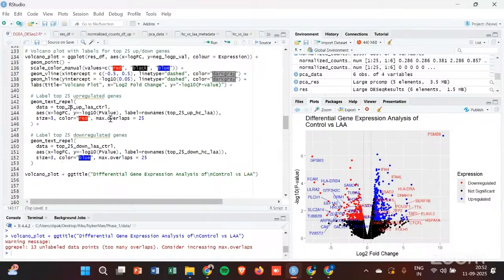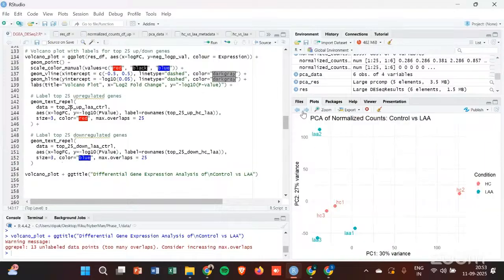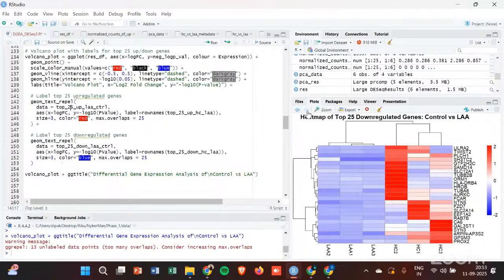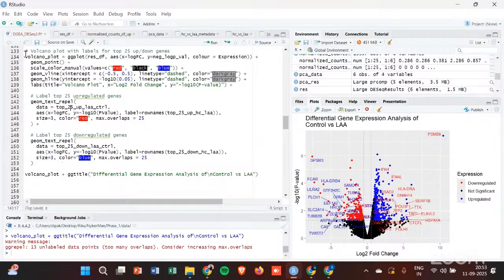So think about it as when this part of the code runs, right? Just imagine that once this part of the code runs till here without the plus, this volcano plot is rendered but without the labels.